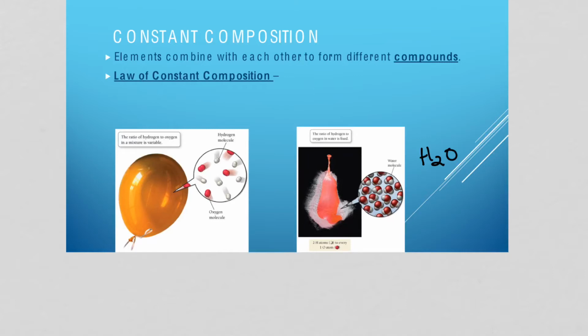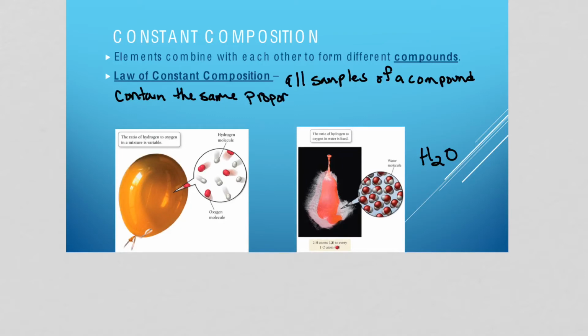But if we want to write out a definition, essentially what we would say is that all samples of a compound contain the same proportions of their constituent elements, which is a formal way to say the formula for a given compound is always the same.